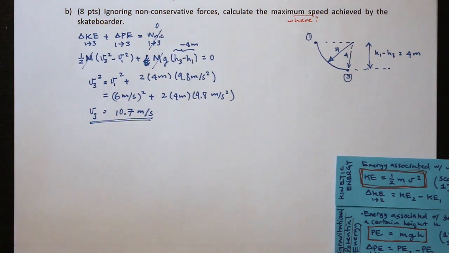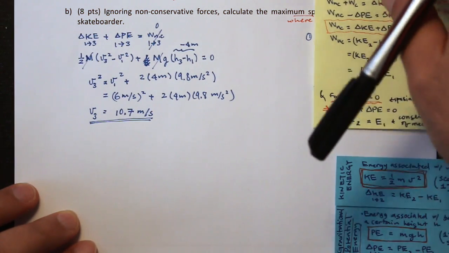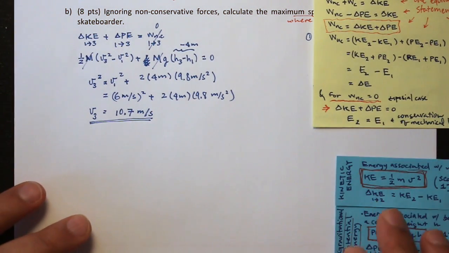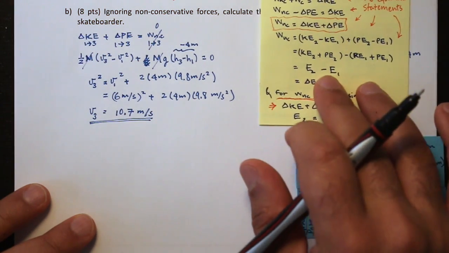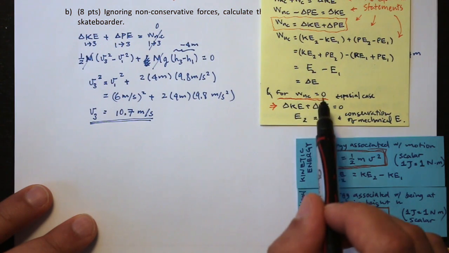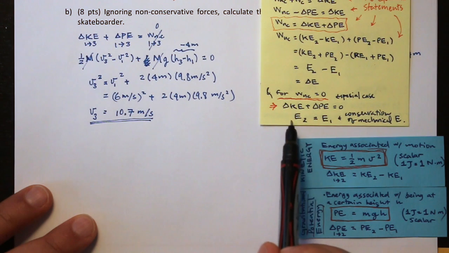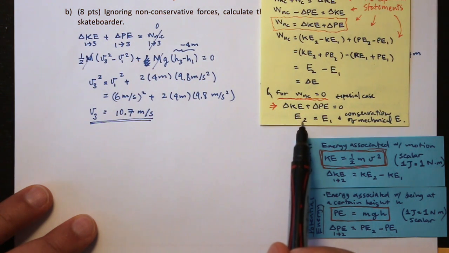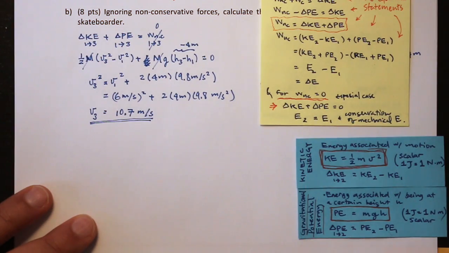Another way I could have done this is I could have used the statement of conservation of mechanical energy, just like I've done in part A. So for example, I could have said that because the work done by non-conservative forces is 0, the total mechanical energy at some position is the same as at any other position.